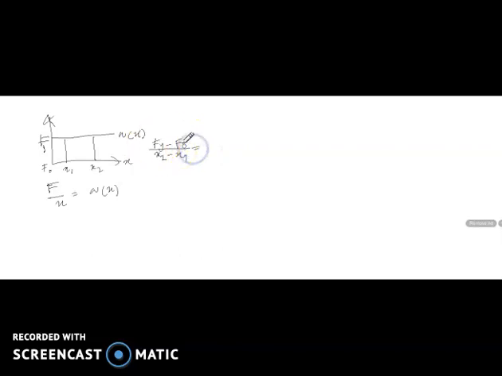Okay, so this one is the difference of force, and the lower here is the difference of x.